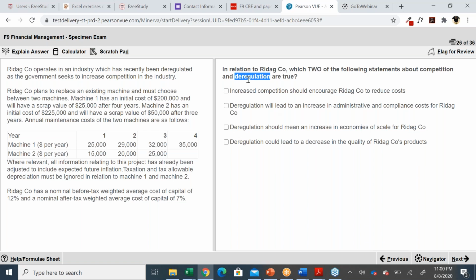Deregulation and regulation. Regulation means when you have regulations imposed by the government on how you should be competing in the market. For example, maybe the government has imposed duties for the newcomers so that there is no competition. Maybe the government has introduced different laws to protect competition.